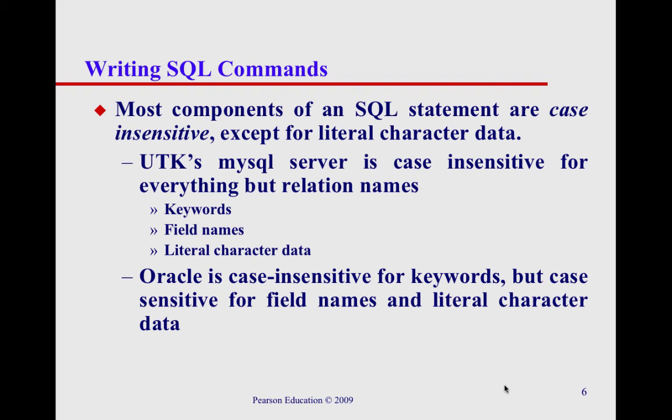Being from the world of my research area, graphical user interfaces, where consistency is everything, why they only care about case with relations is beyond me, but that's the way it is. Oracle is also case sensitive for field names and literal character data, but hey, we're not using Oracle, we're using MySQL. And the only thing that our version of MySQL is case sensitive for is relation names.